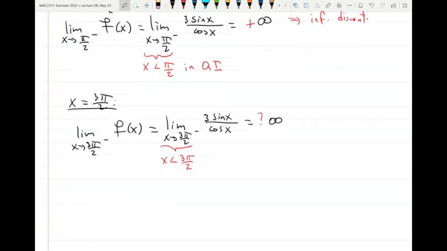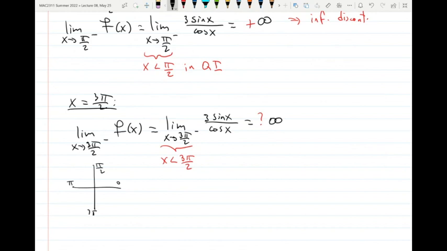If you are confused on how to figure this out, just draw the picture. Here is 0, pi over 2, pi, 3 pi over 2, and 2 pi. If x is less than 3 pi over 2, we are close to it, so it's somewhere here, and this is the angle we're looking at. We are measuring positive angles. If it were negative pi over 2 instead, you'd measure the other way and the picture would be different.